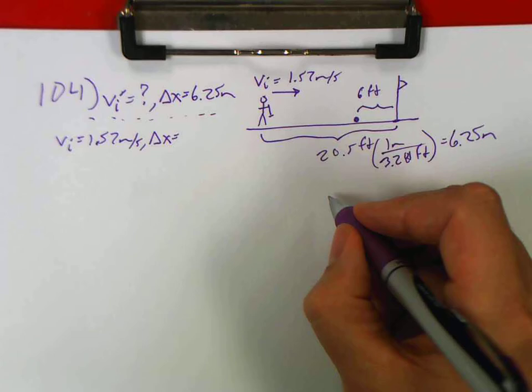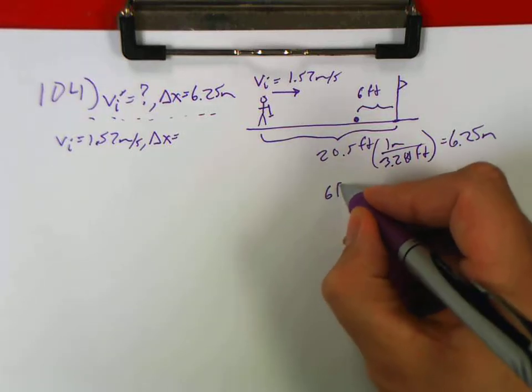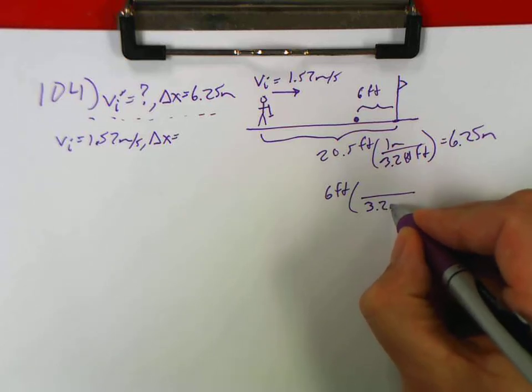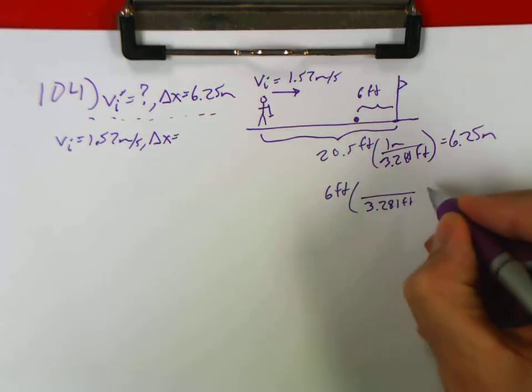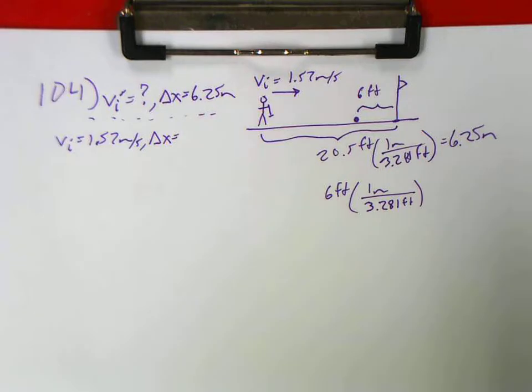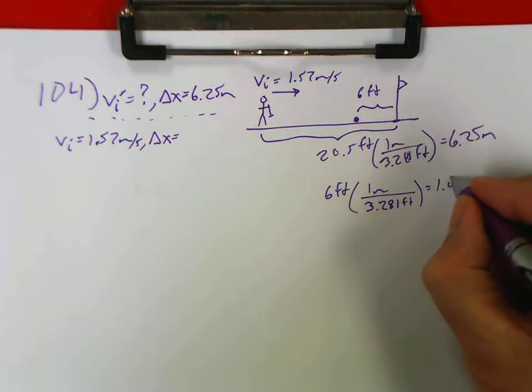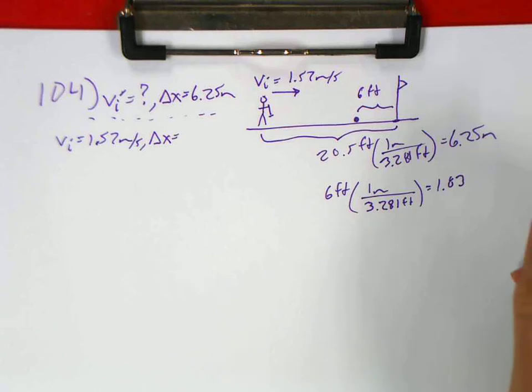Oh, dang it, I need another one. 6 feet, same conversion, 3.281 feet, 1 meter. 6 divided by 3.281 is 1.83.